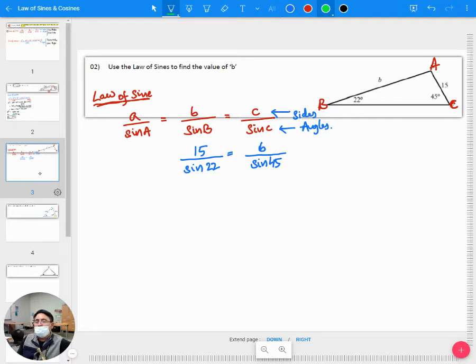Now there is nothing to do with the first fraction, so you may strike it. Now let's take the calculator. You may use the Desmos online calculator and let's plug in these values. 15 over sine 22. What is sine 22? 0.374.